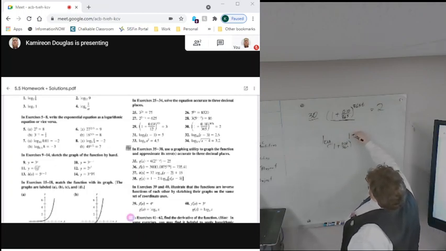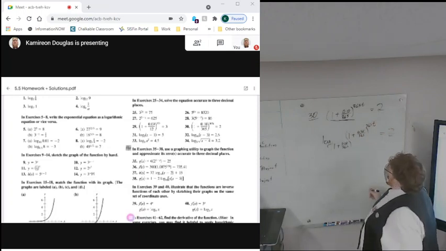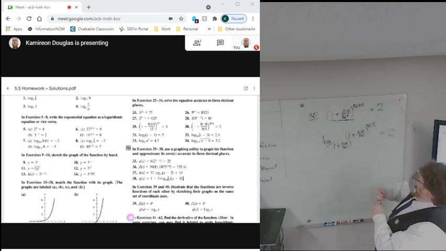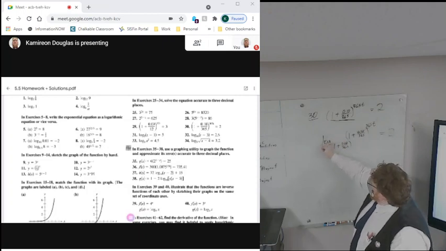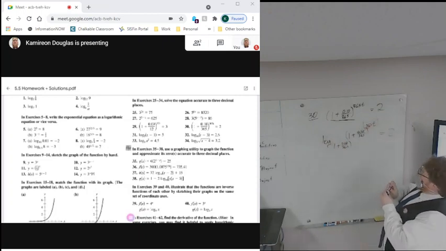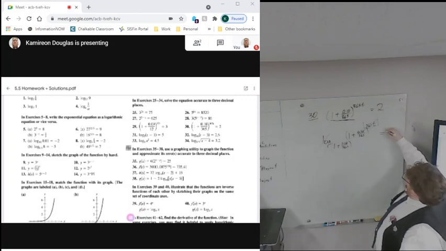So 1 plus 0.10 over 365 to 365t equals 2. So by choosing that specific base, I'm going to force these two to always cancel, leaving just 365t. And on the right-hand side, I just make sure to do the same thing to both sides.